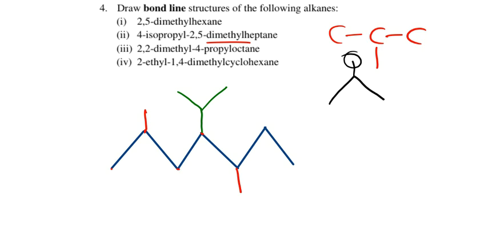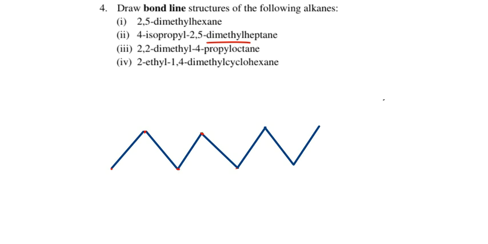Then for the next one, I'll just extend this very one. Now there we are told it's octane, meaning 8. So the previous one ended at 7. So I just add an extra carbon like that. So that's 8. Now there we are told on position 2 we've got 2 methyl groups.